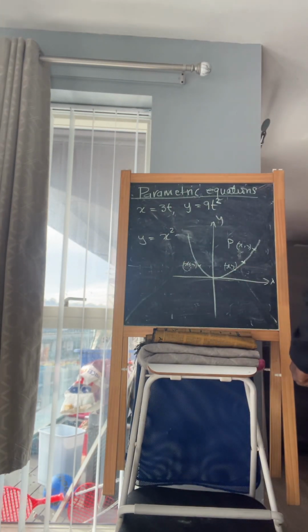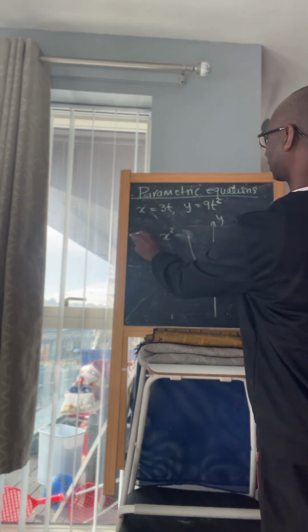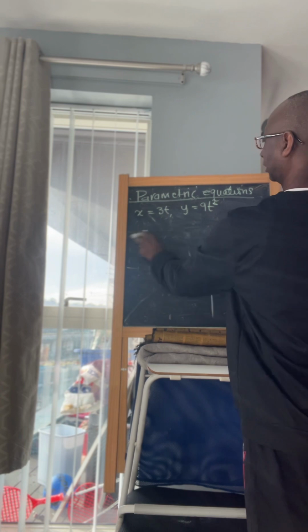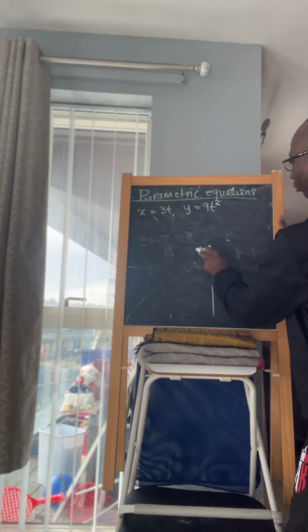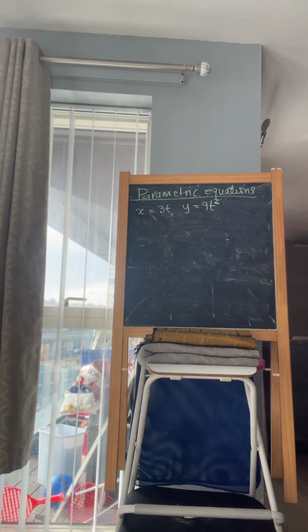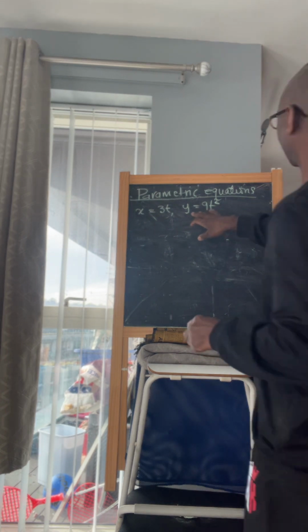Now we have this equation already given there. x equals 3t, y equals 9t squared.